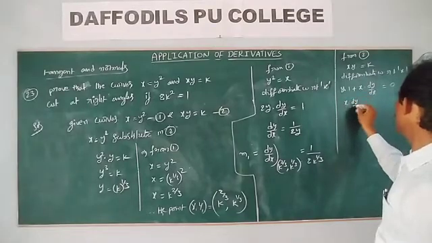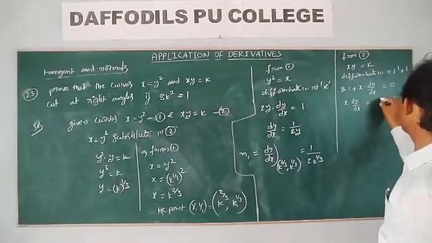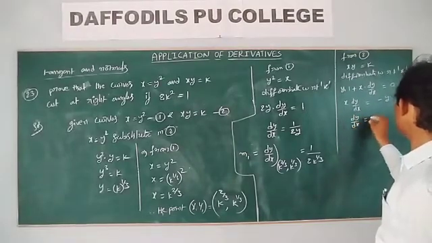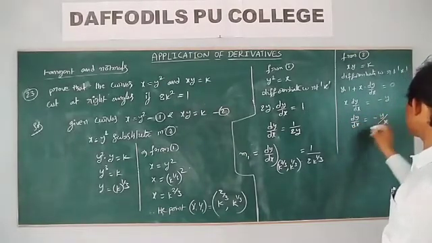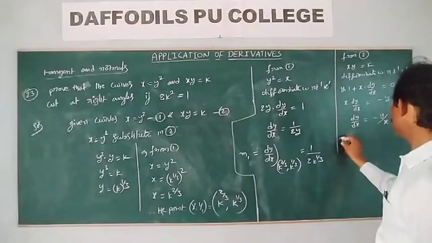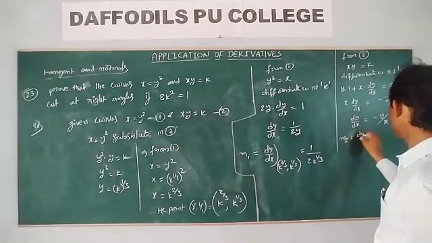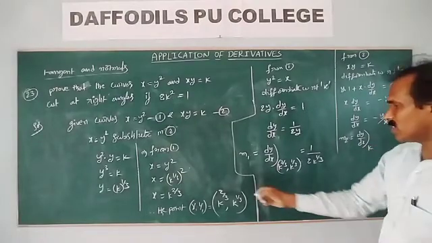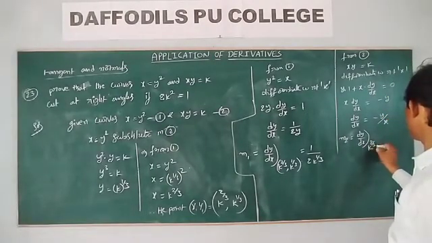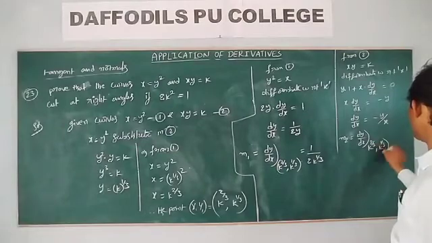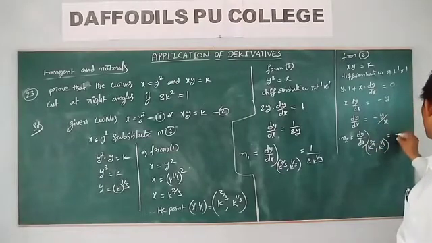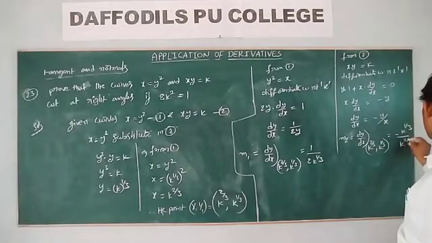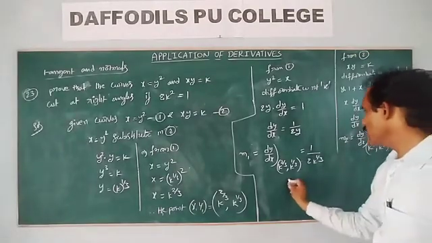X into dy by dx is equal to minus y, so dy by dx is equal to minus y by x. Therefore m2, at the point k to the power of 2 by 3 comma k power 1 by 3, is minus k to the power of 1 by 3 divided by k to the power of 2 by 3.